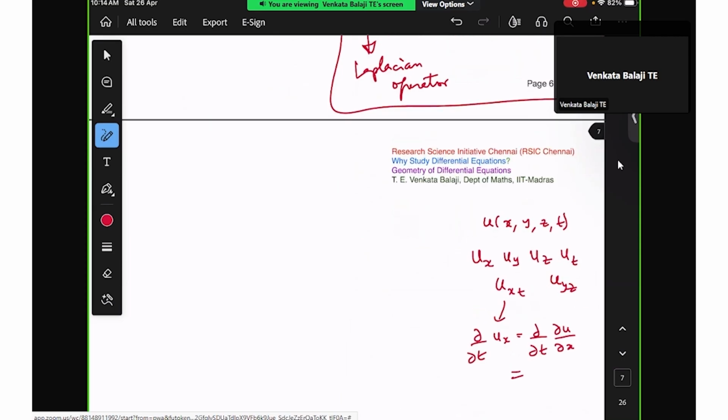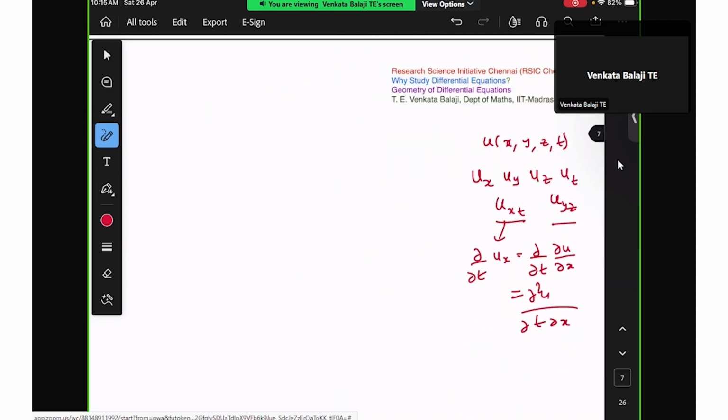So this is del squared u by del t del x. These are called mixed partial derivatives. The pure second partial derivatives are uxx, uyy, uzz.